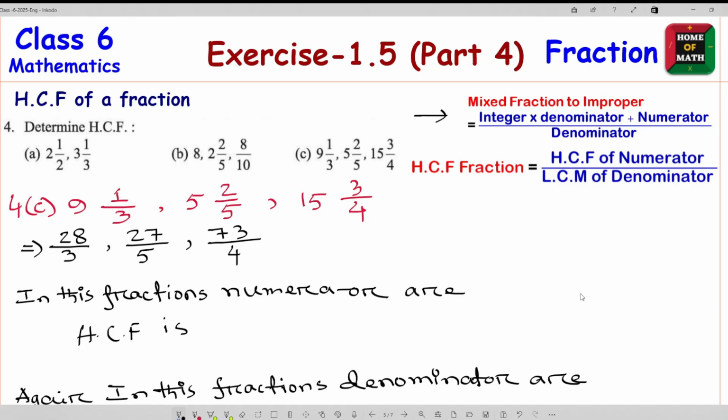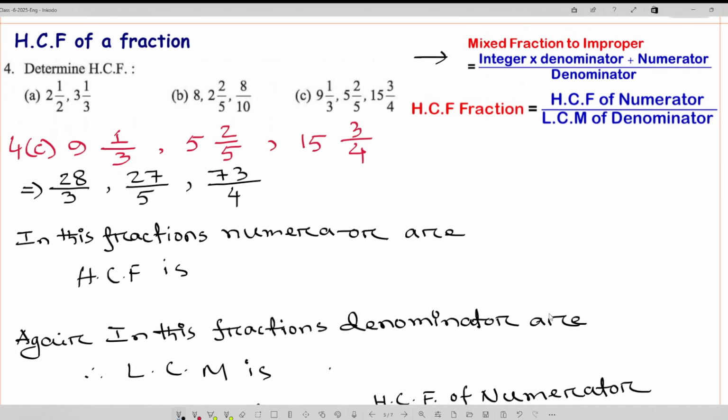Now it's an important thing: in these fractions, the numerators are 28, 27 and 73.